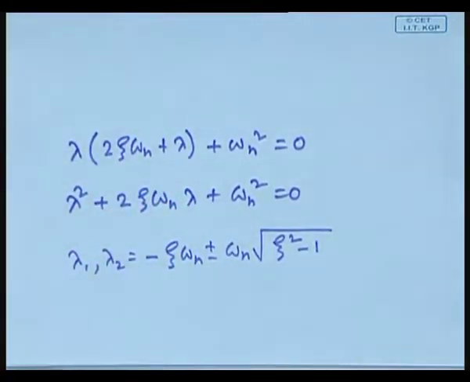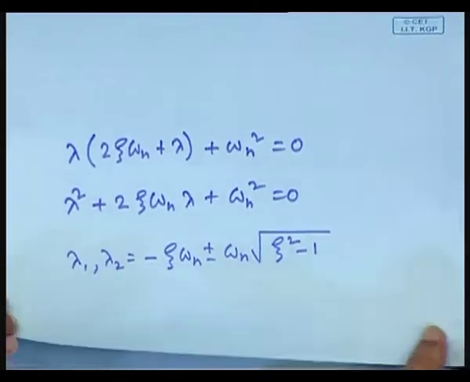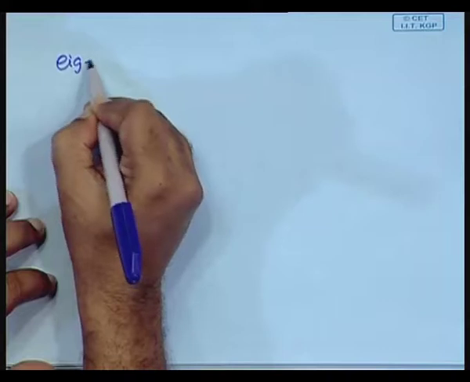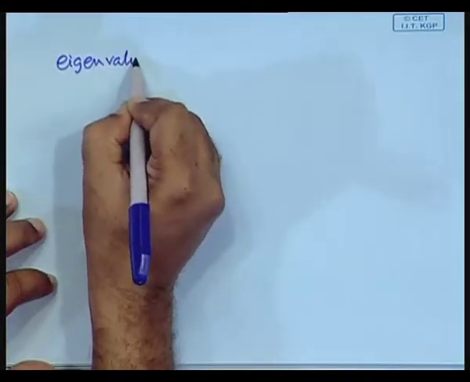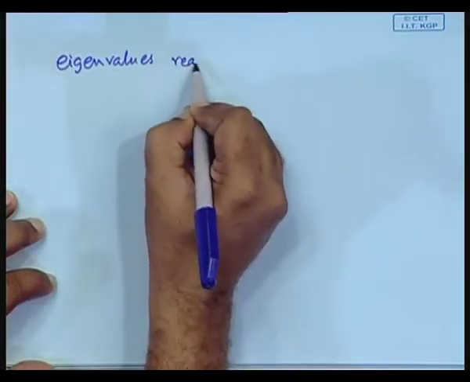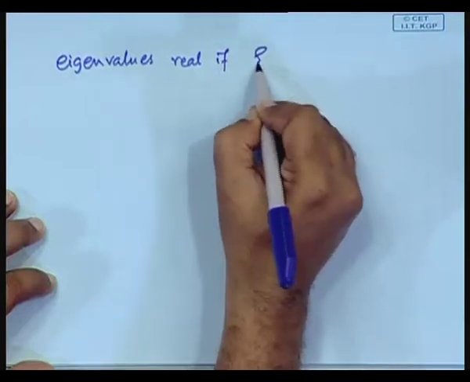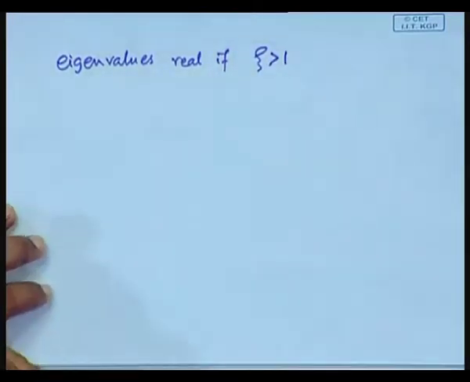So, under which these three possibilities will pertain, tell me. See, firstly, when will it be real? When zeta is greater than 1, eigenvalues, if zeta greater than 1, clear.